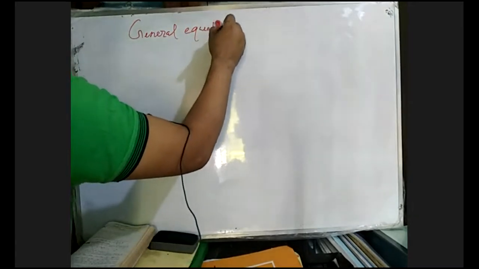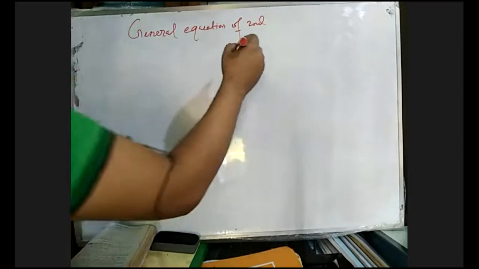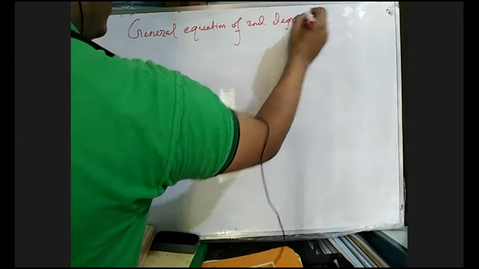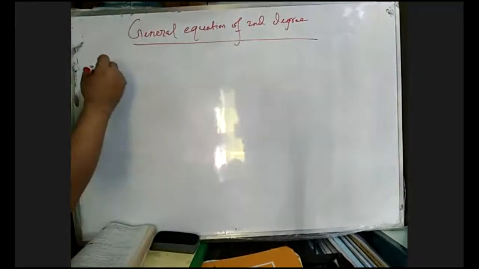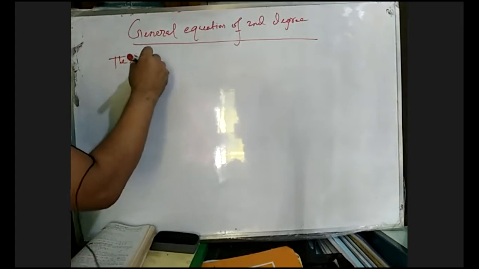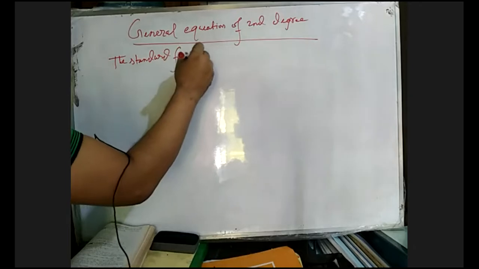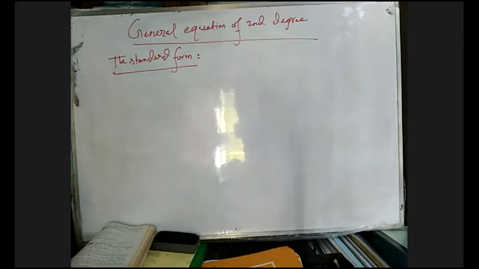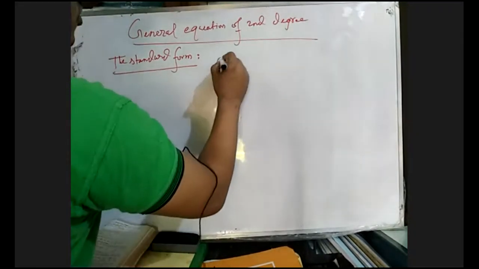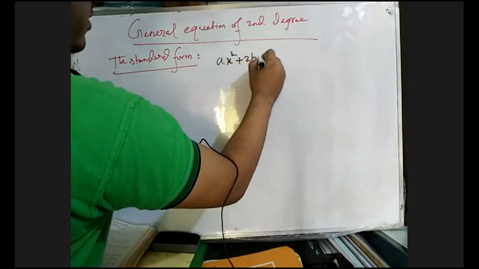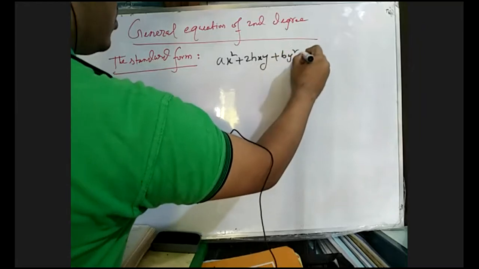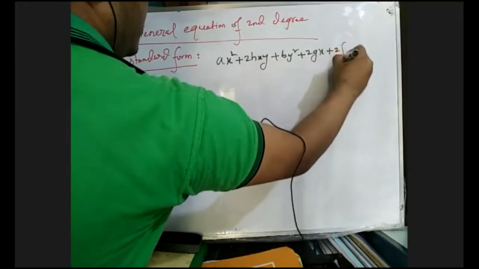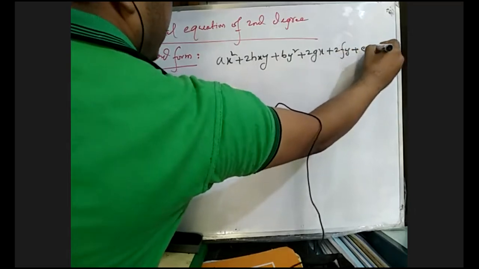General equation of second degree. The standard form: ax square plus 2hxy plus by square plus 2gx plus 2fy plus c equals to 0.